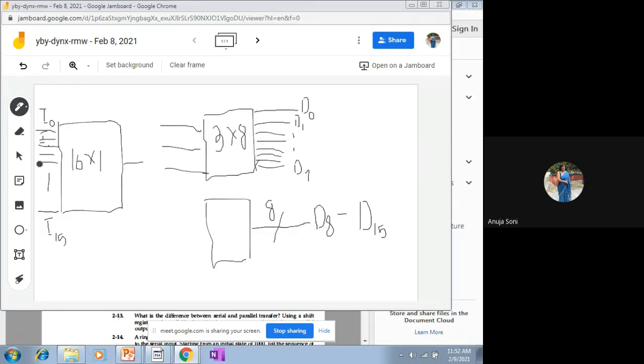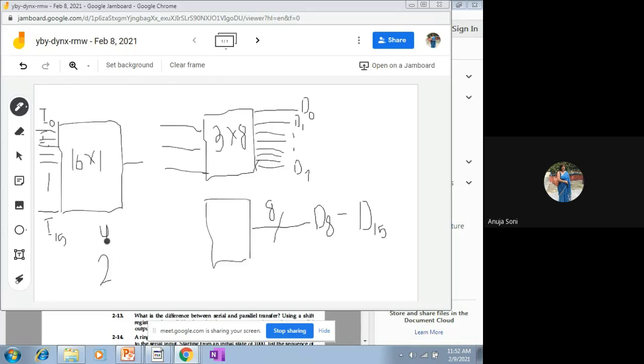If you talk about the input lines in the multiplexer, then there will be some select pins as well, and the number of select pins will always be the value of n. Here we have 16 input lines. Always convert it into a power of 2, so it will be 2 raised to power 4.